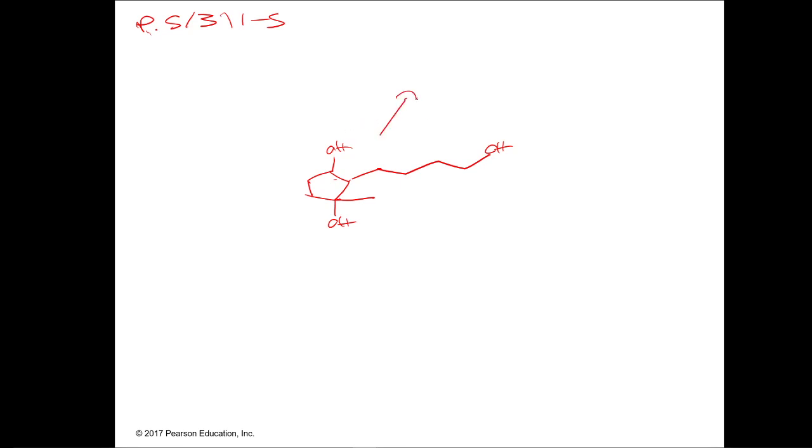Okay, so chromic acid, PCC, DMP, Swern. The thing is, PCC and Swern, which is the DMSO and oxalyl chloride, and DMP will all give you the same product.